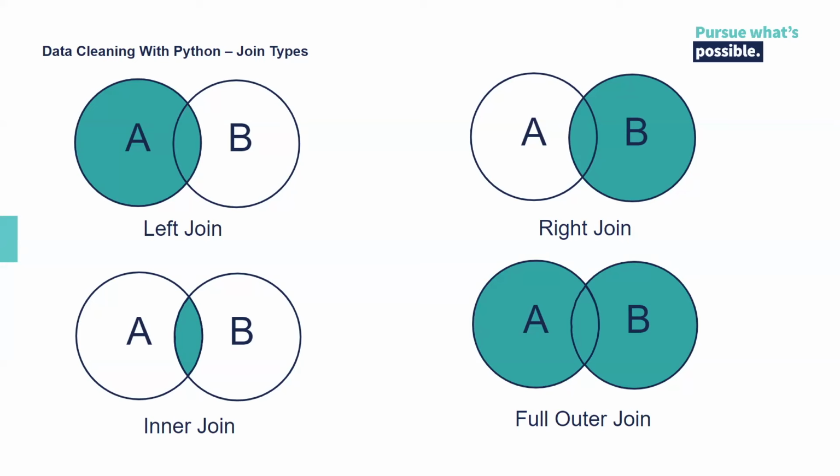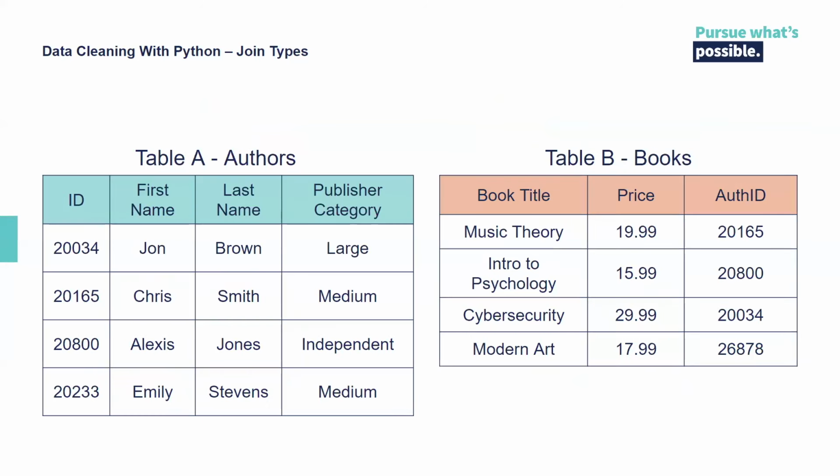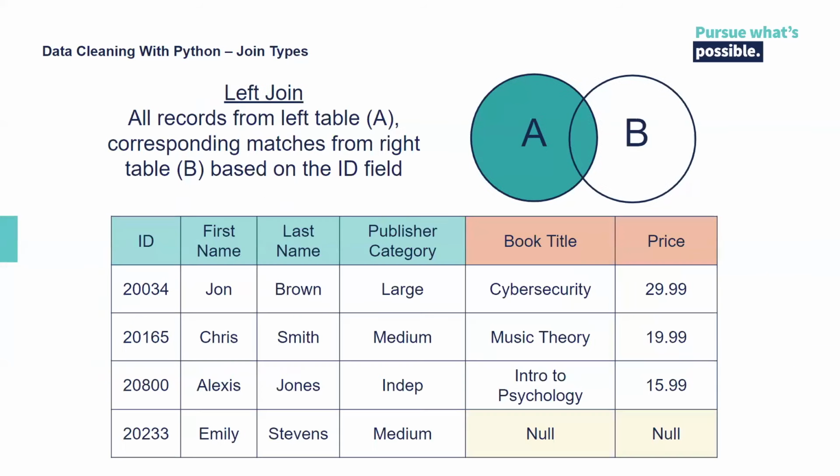Let me give you some examples using table A and table B that we just looked at. Okay, so table A is our authors, table B is our books. So for a left join, all the records from table A are going to be retained, and only the matches from table B are going to come over.